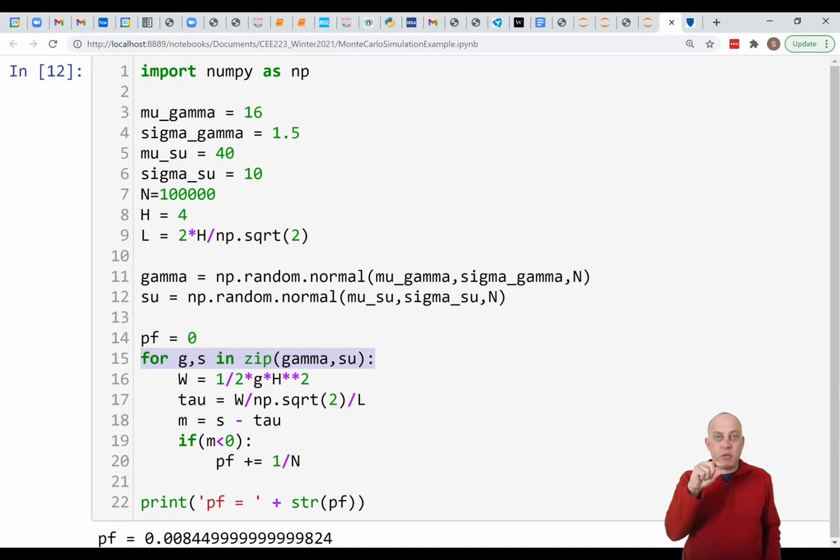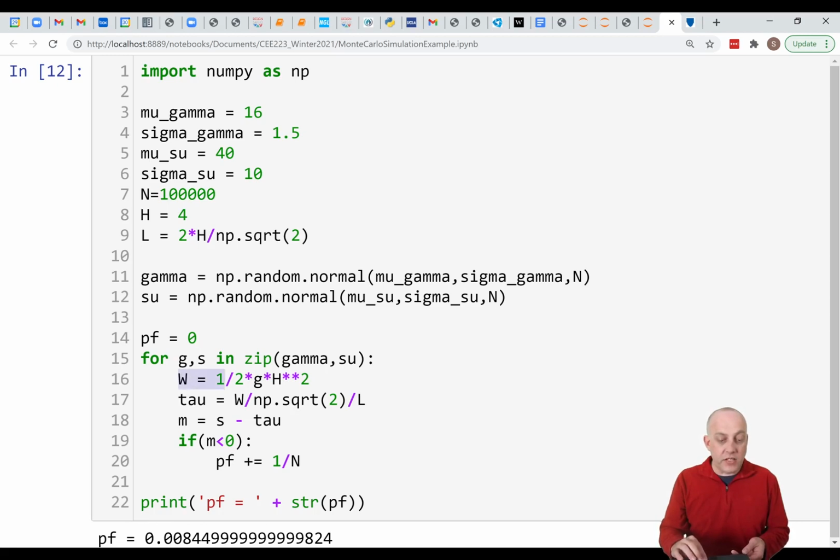Instead of just putting an index counter and referencing some row in a list or a column vector or an array, you can put, in this case, for g, s in zip(gamma, su), and every time it iterates, g will be the corresponding value of gamma. It'll start with the first value, go to the second one, third one, and so forth. And I don't have to worry about indexing. I can just use this variable g inside my loop for gamma and s for undrained strength.